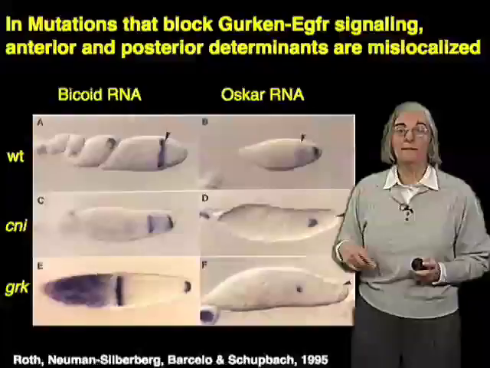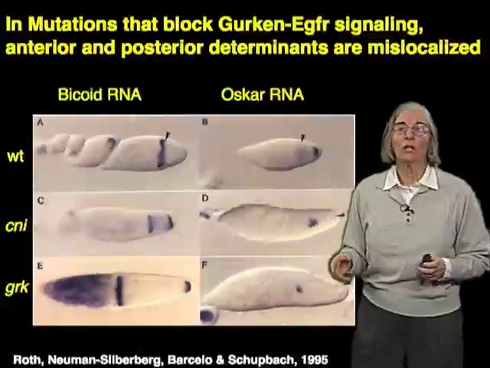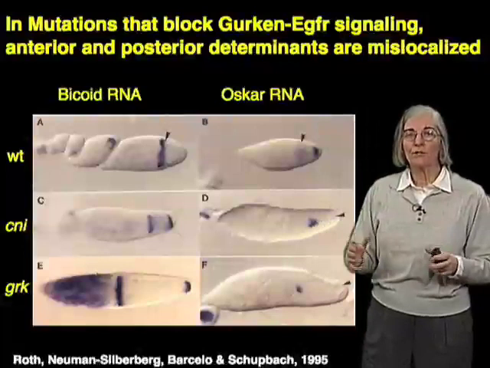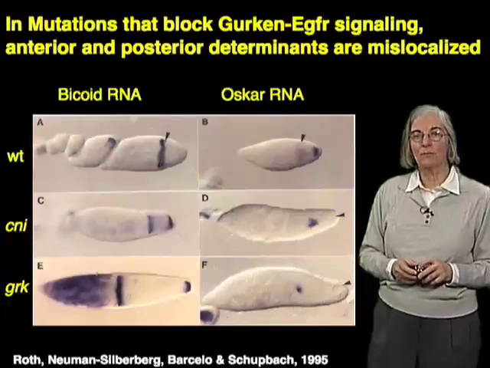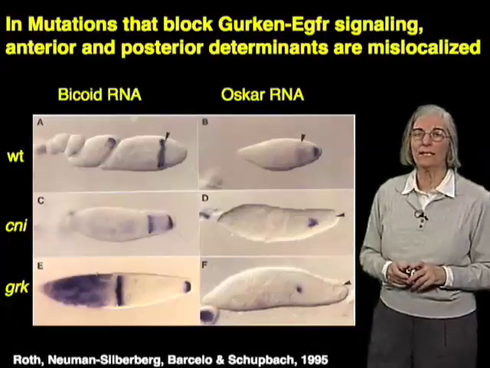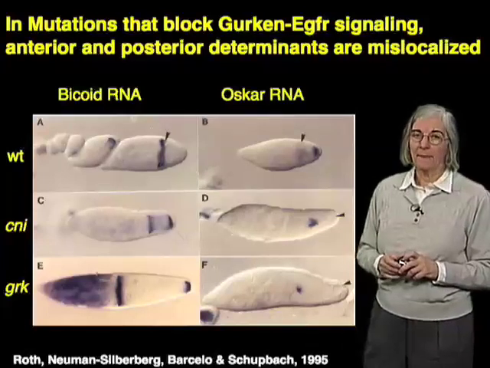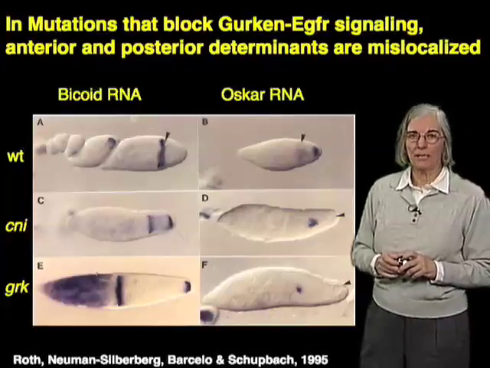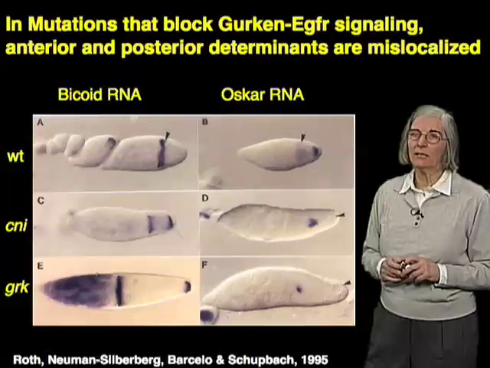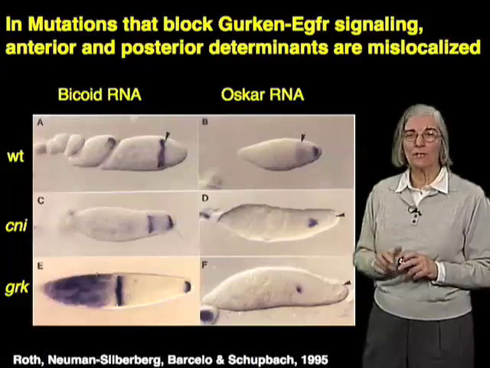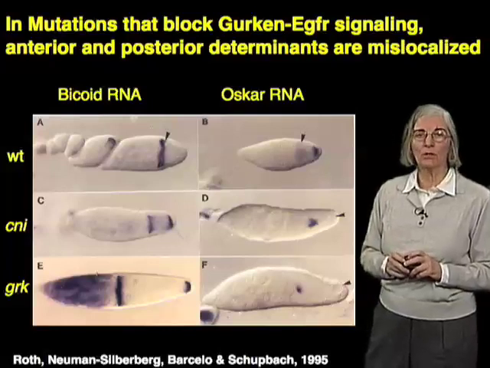The fact that Gurken signals early to establish the anterior-posterior asymmetry within the egg chamber is illustrated here in these in situ hybridization pictures, where we look at particular anteriorly or posteriorly localized molecules.